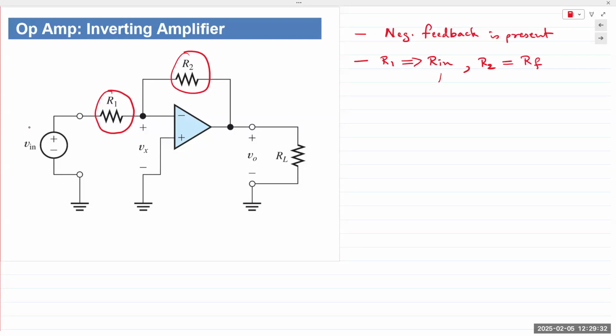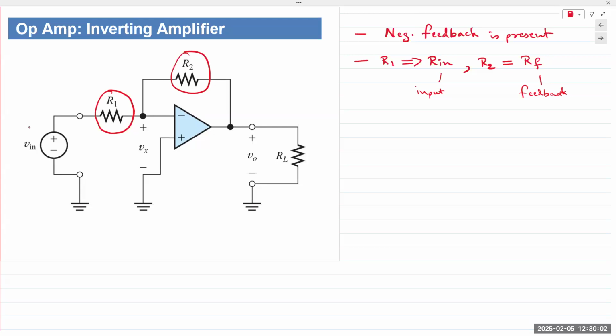The in stands for input, and the F stands for feedback. Several books and authors have different notations. RF and R in are by far the most common ones. Sometimes it's RI also; I again stands for input.